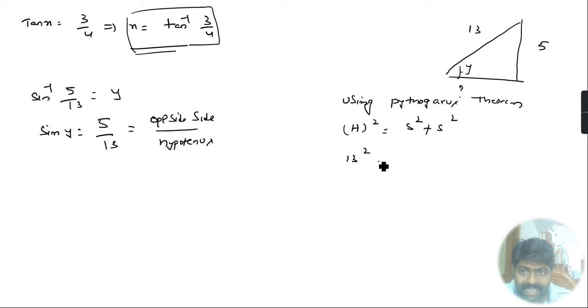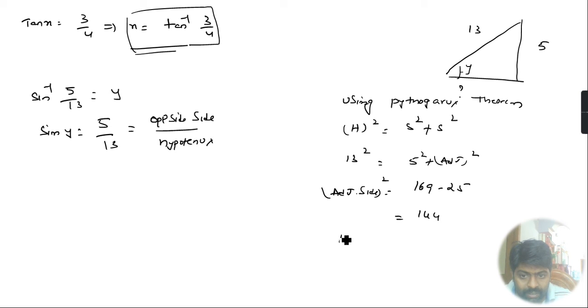So 13 square is equal to 5 square plus adjacent side square. Therefore adjacent side square is equal to 169 minus 25, which is 144. So the adjacent side is root of 144, which is 12.